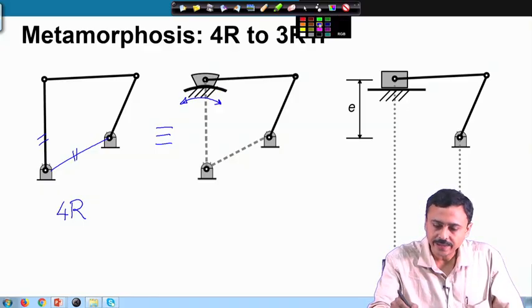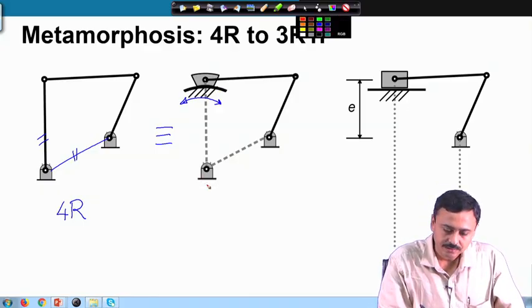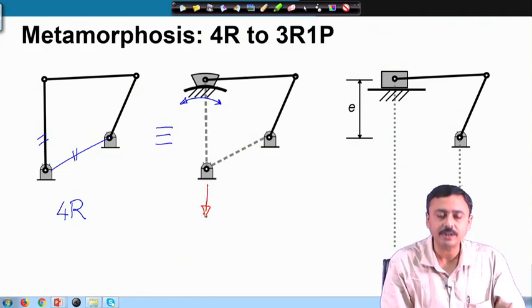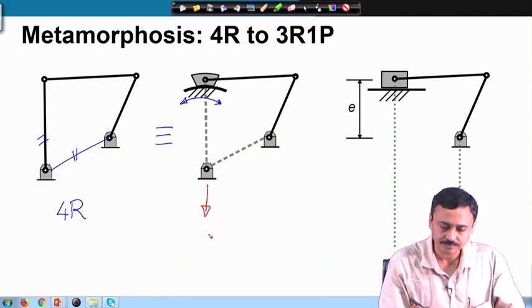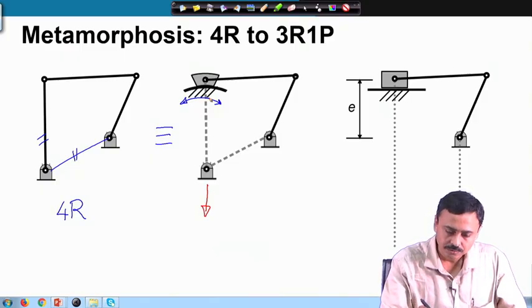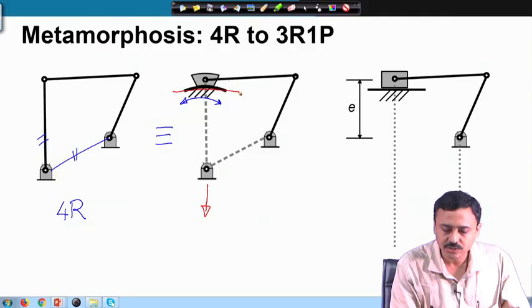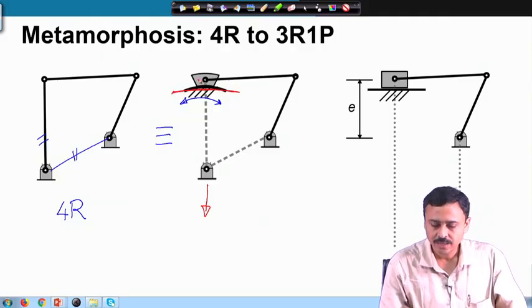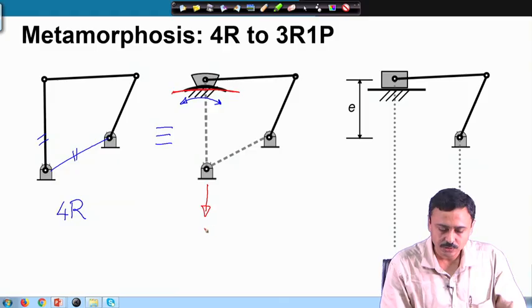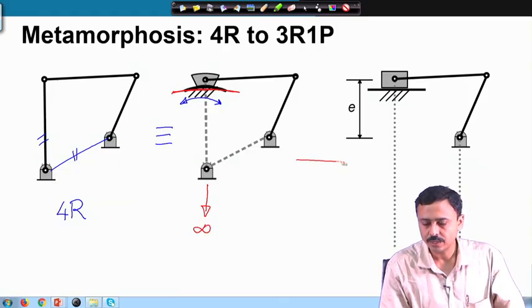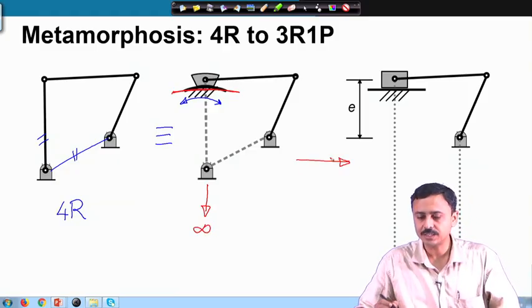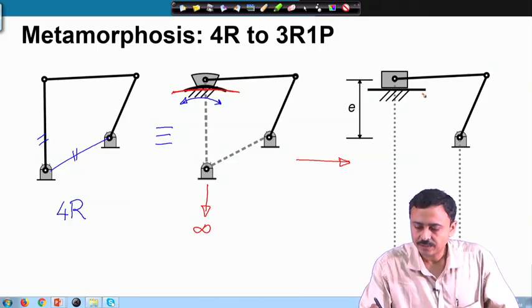Now, let me take this ground hinge farther and farther away in this direction. So, you can imagine that this path will get straighter, and finally, when this goes to infinity, we arrive at this configuration where the path is now straight.